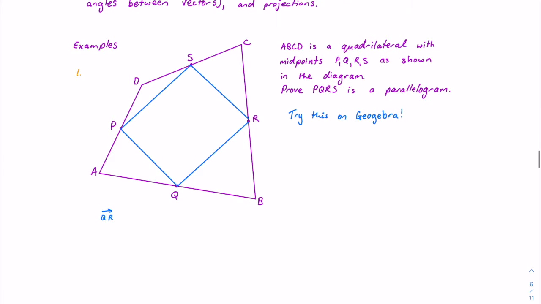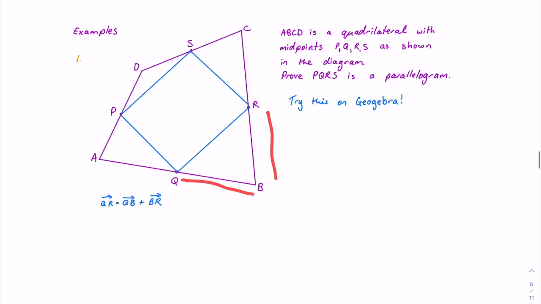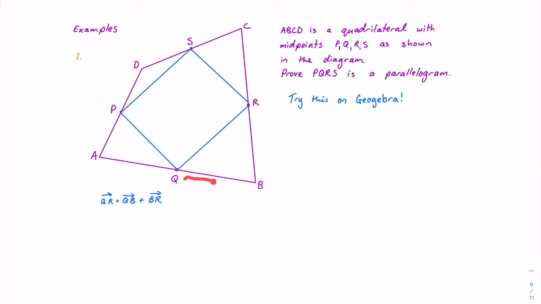So first of all, let's look at the vector QR. So this vector right here. The vector QR is that vector plus that vector going in those directions. So that's QB plus BR, just some vector addition there. Now, the interesting thing here is QB is half of AB, so let's write that down, and BR is half of BC.